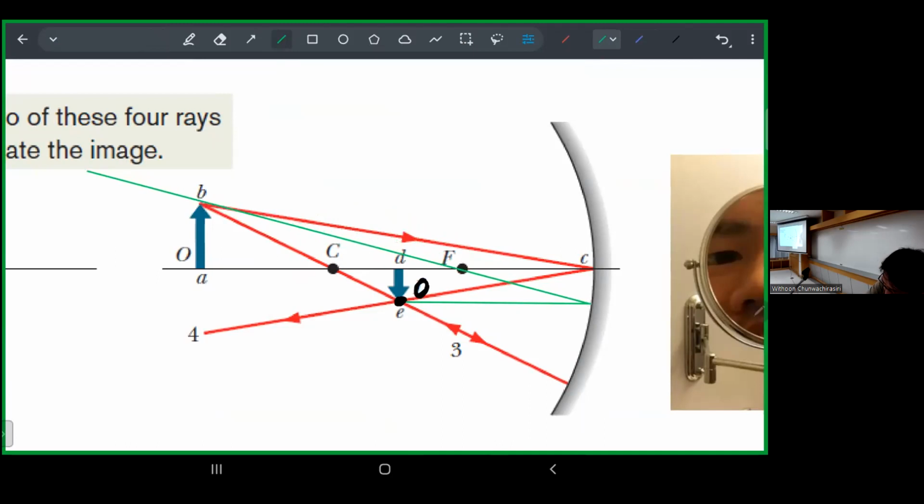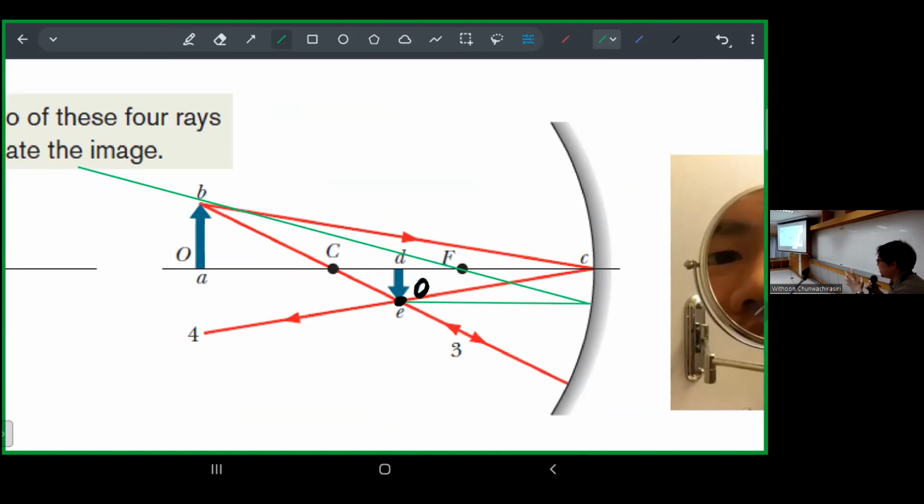You guys with me? There you go, the green line. Cool. But now, because this is coming out from a point, it's not like a parallel beam of rays, just like what you did before.